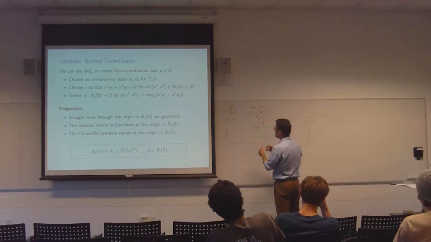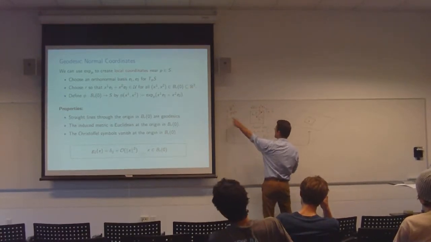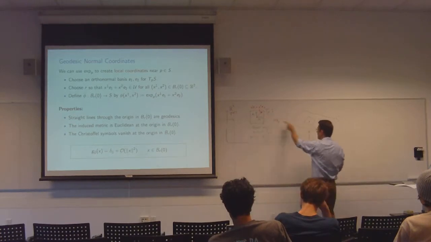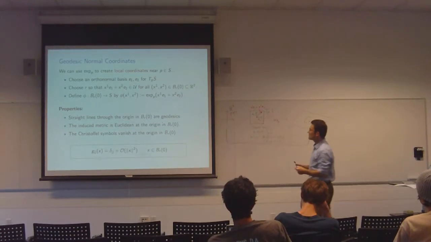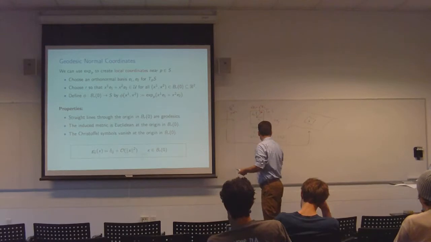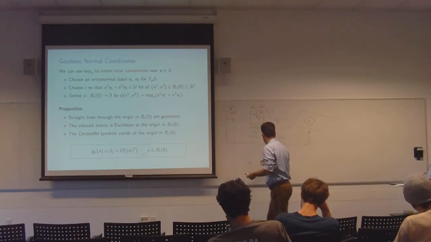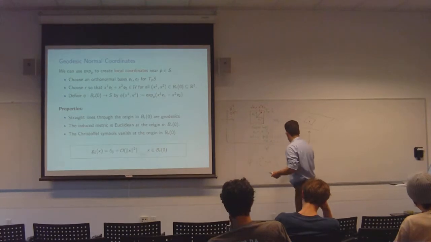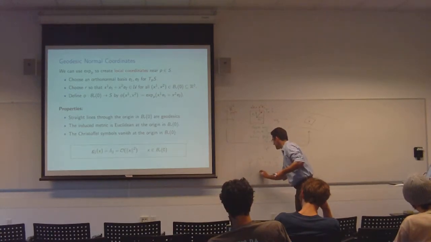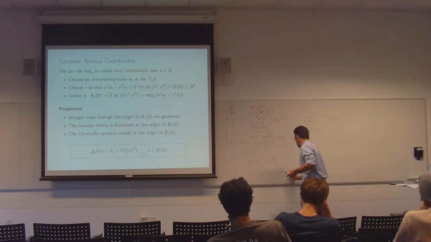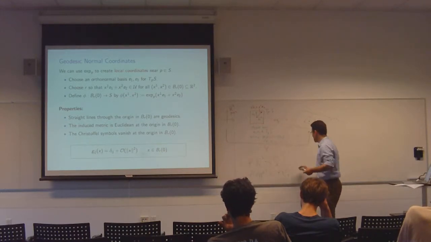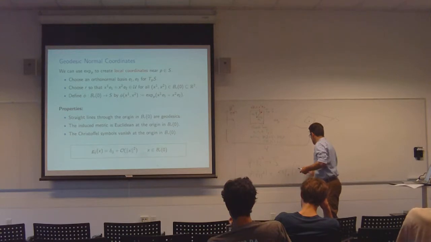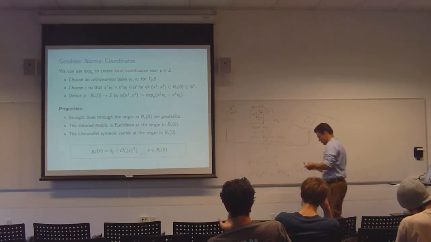Now we have a way of putting real R2 coordinates into the tangent space and then following on with the exponential map. So in other words, my formula for phi goes from R2 into the surface, and phi of x1 comma x2 is the exponential map applied to that vector up there, so x1 e1 plus x2 e2.